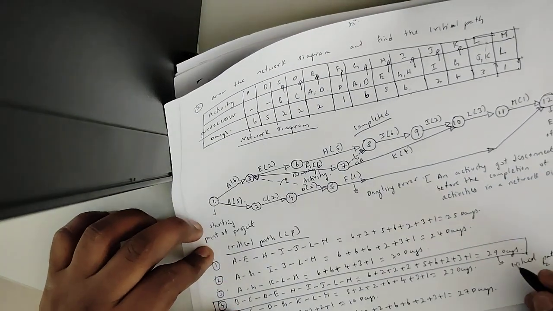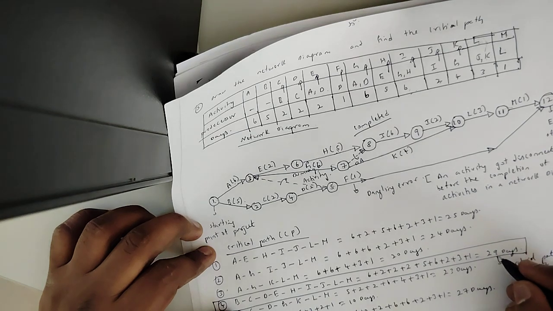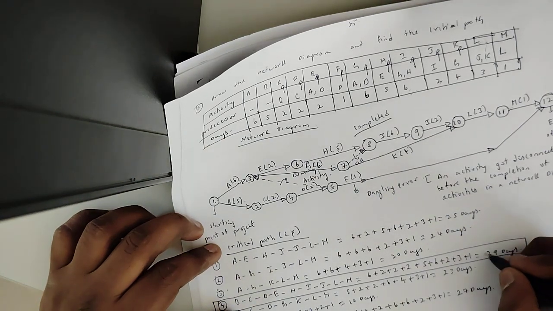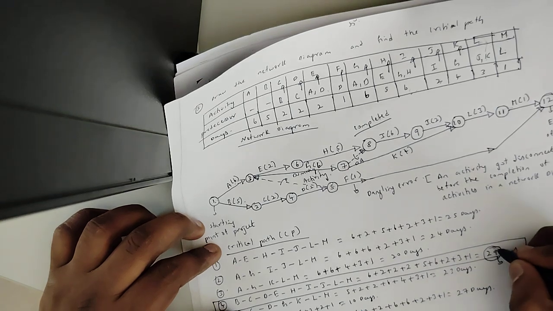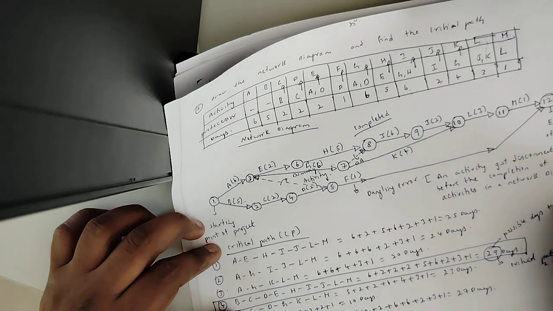Okay, so this is the number of days that is required to complete the project. Okay, so this is the minimum possible days that is required to complete the project.